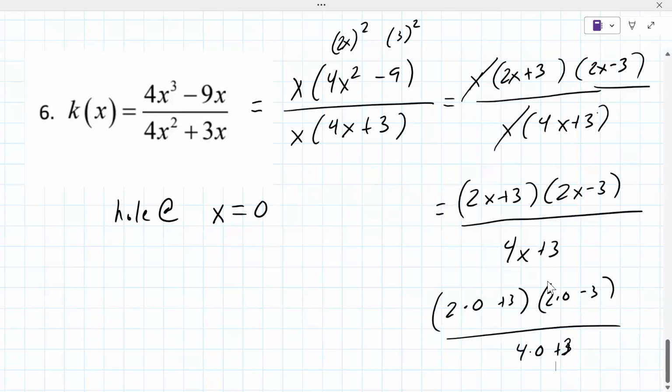If you plug in 0 for the x's, you would get negative 9 over 3, which reduces to negative 3.